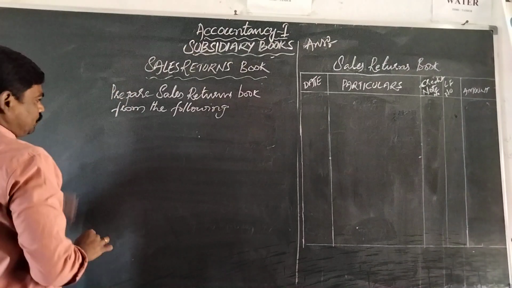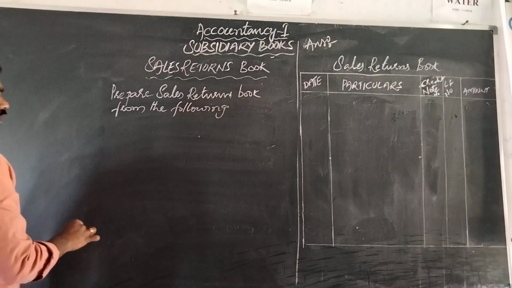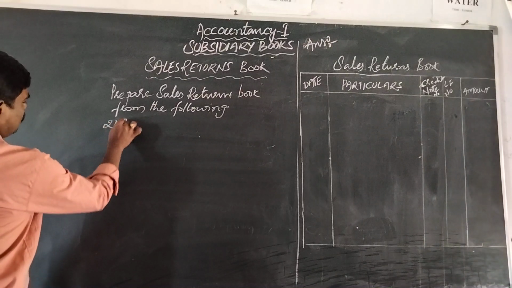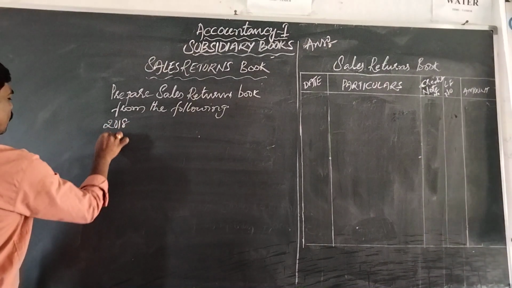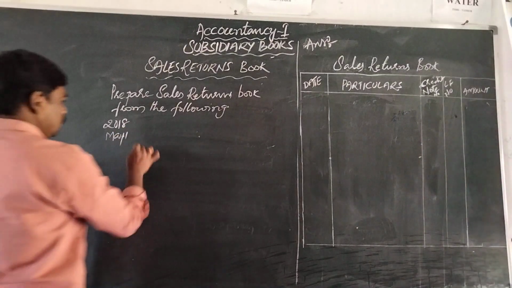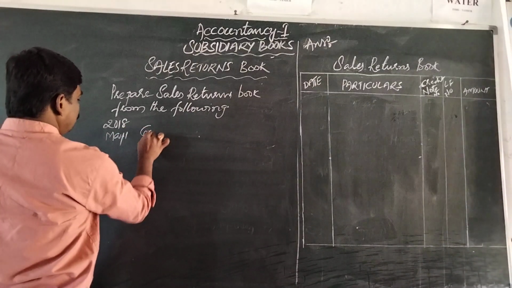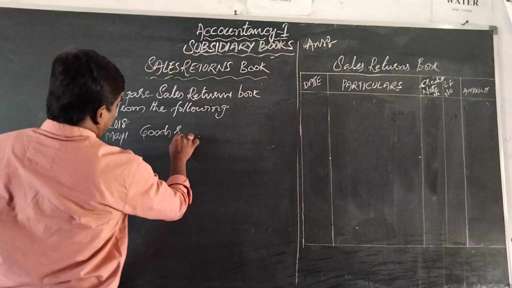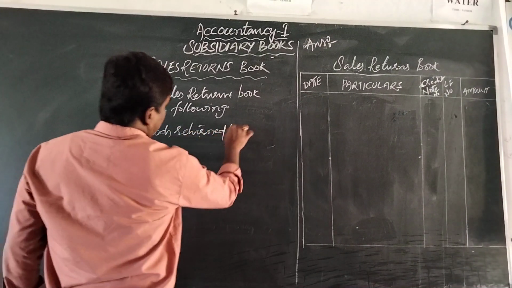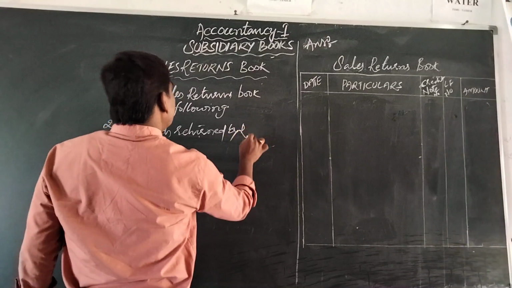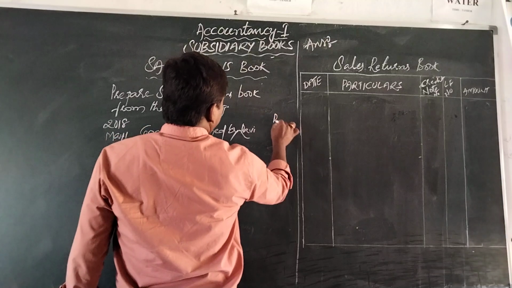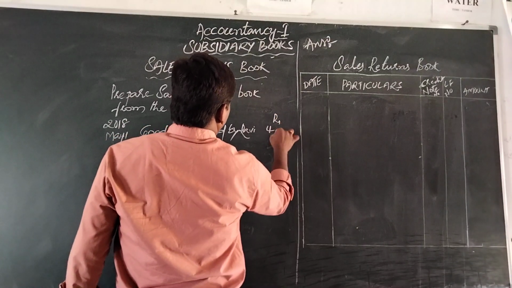Then you will be given a month, year and date. For example, 2018 May 1st, goods returned by Ravi, rupees 4,000.